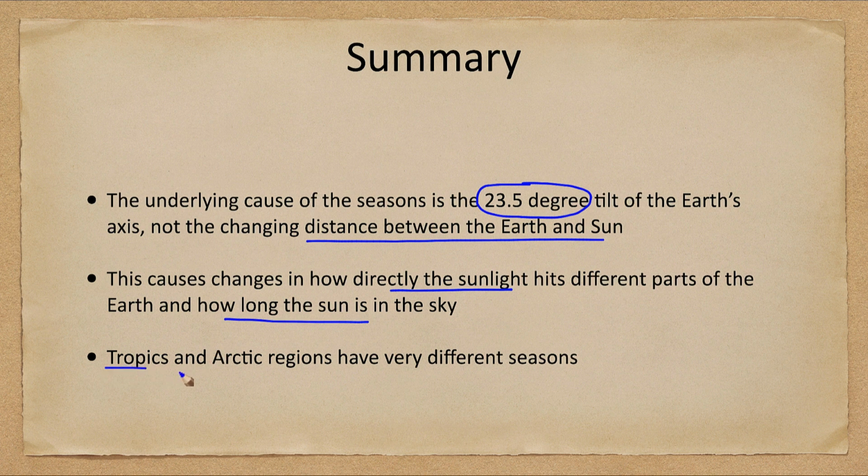The tropics and the Arctic regions have very different seasons. We see extremes in length of daylight in the Arctic regions, but very low altitude of the sun at all times, and very little variation in the length of daylight in the tropical regions. But the sun is always very high in the sky. So we see very different seasons.